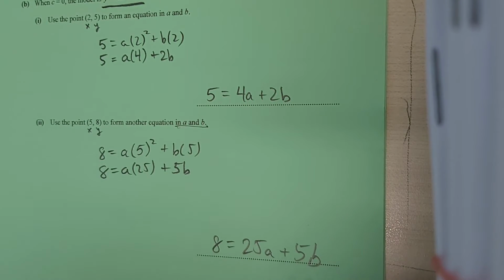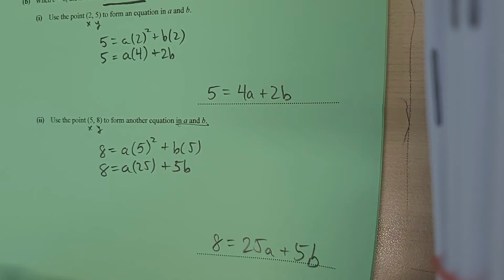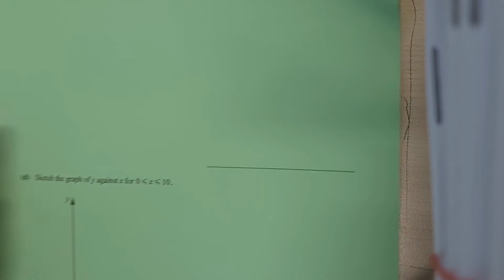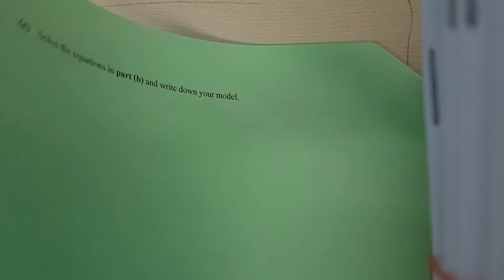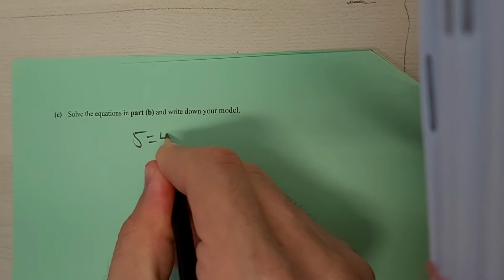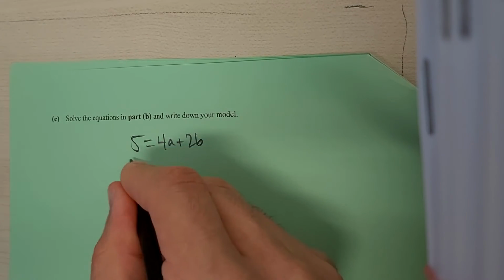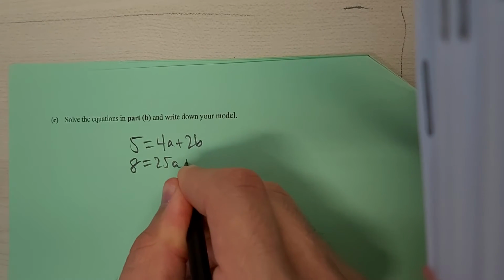And I've got 2 unknowns. You probably are starting to guess what I'm going to need to do next. A good part of doing these modeling tasks is anticipating what we're going to be doing next. Solve the equations in part B and write down your model. So I had 5 equals 4a plus 2b, and 8 equals 25a plus 5b.